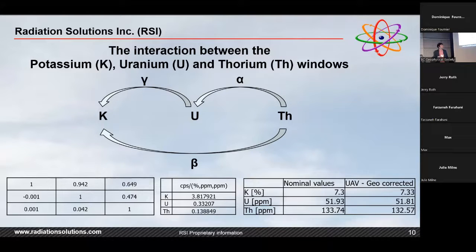But when you're processing the data, you're using that to end up with the net count rate from potassium, uranium, thorium on a point-by-point basis. Also, when you're doing the calibration, you end up with a very important factor, which is your sensitivity. So how many counts per second, net count per second, should I say, are you getting per percentage of potassium or ppm of uranium and thorium?